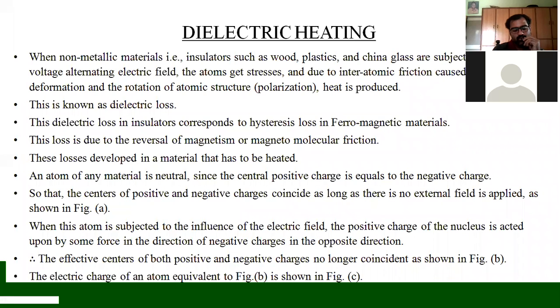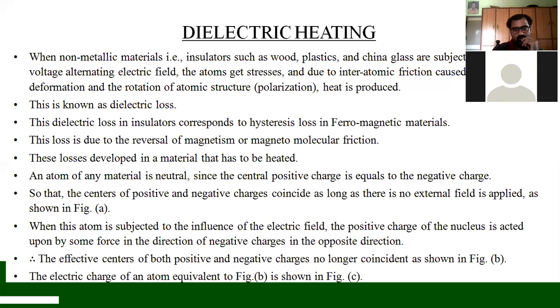So how does this happen? How is the pressure produced on the atoms? That is due to interatomic friction. Whenever a force acts on the atoms, they move their position, and by bombarding each other, the atoms produce some friction.